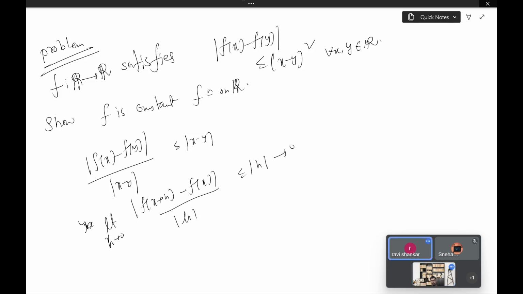Sir, in the question, is it x minus y whole square or mod of x minus y whole square? X minus y whole square and mod of x minus y whole square are both the same thing, right? Yes, the square is always positive.